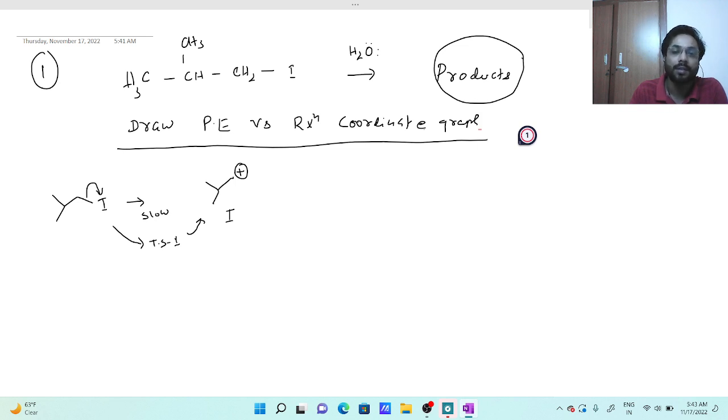Here, this is the primary carbocation, right? So this may rearrange because next to this carbon, a tertiary carbon is there. So on the tertiary carbon, this carbocation may rearrange. How can it rearrange? By hydride shift, isn't it? So this hydrogen would be shifted over here, and this cation will be coming over the carbon. So this will be the picture.